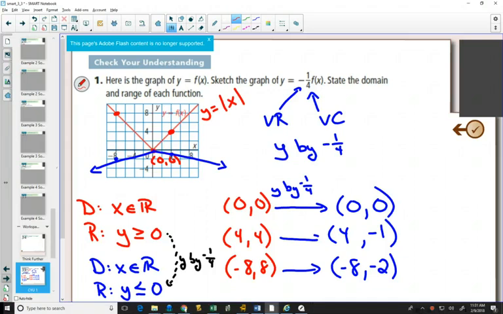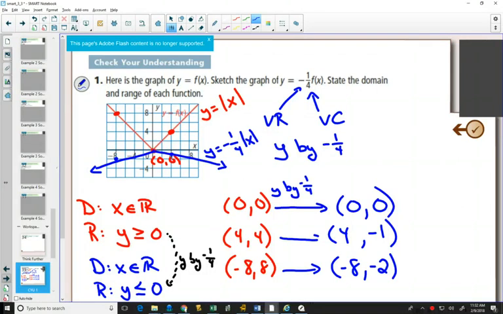So we could have got this equation, the same question, with this notation instead of function notation. And then when they went to ask the blue graph, they wouldn't have said -1/4 f of x. They would have said -1/4 absolute value of x. So just be aware of those different notations.